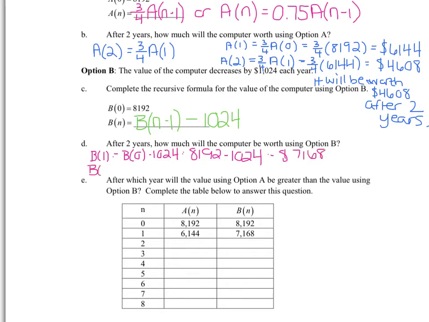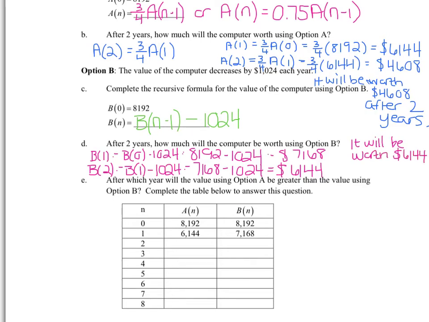Then to find B of 2, that's B of 1 minus 1,024. So that's 7,168 minus 1,024, which equals $6,144. Again, I'm going to write my sentence: it will be worth $6,144 after 2 years.